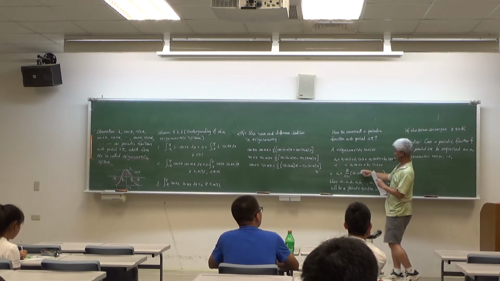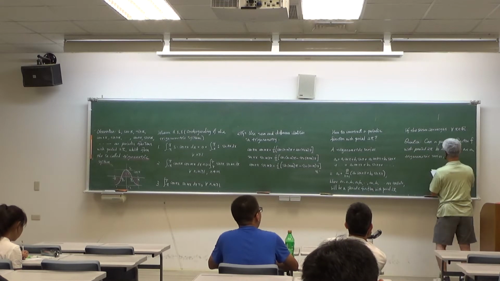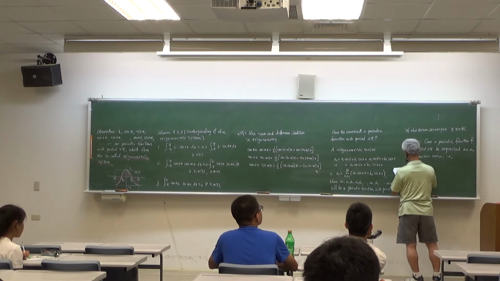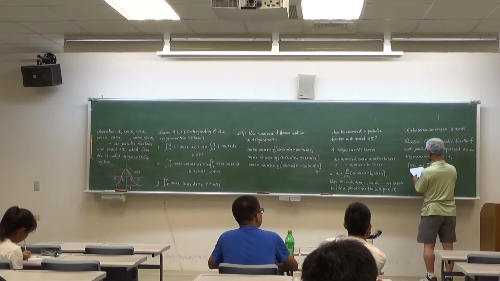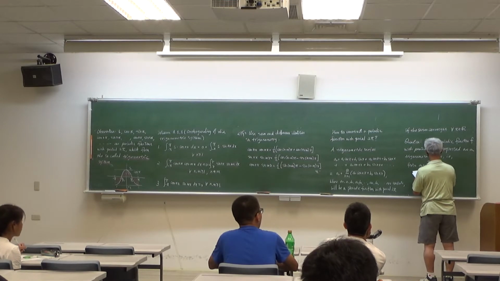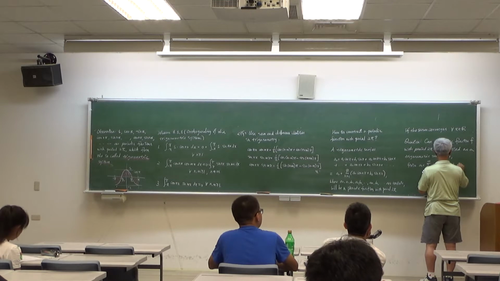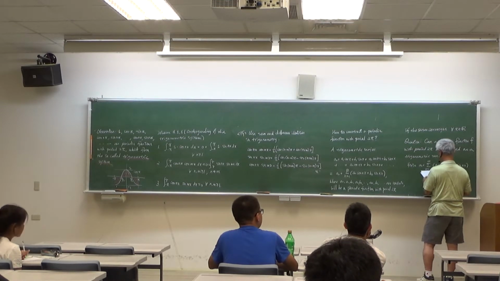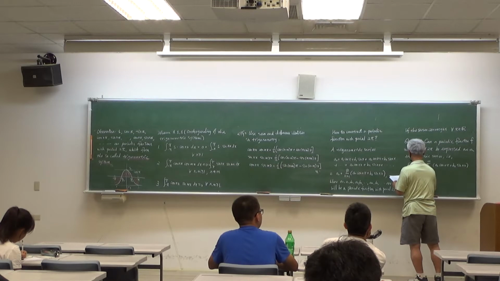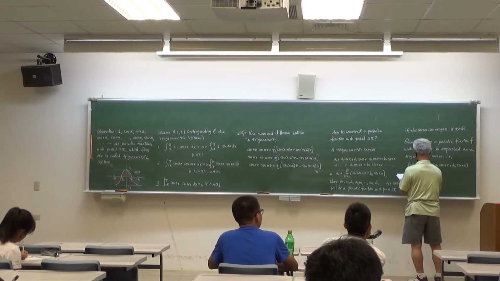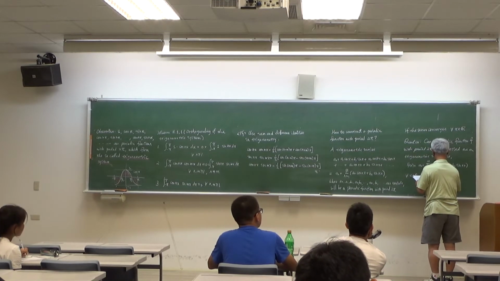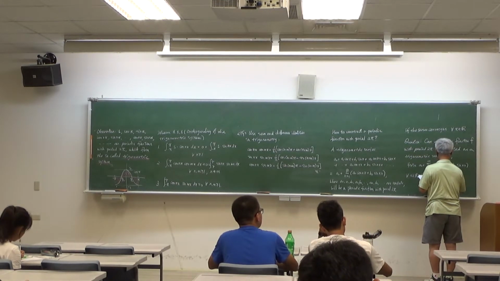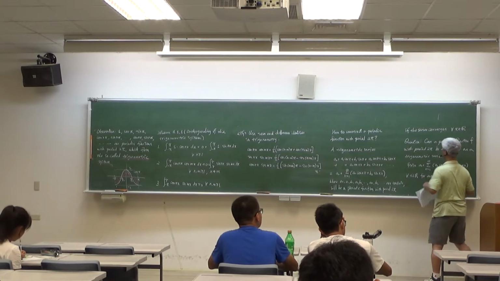Like that, i.e. f of x can be written as a0 plus this infinite series for all x in R, for some a0, a1, b1, and so on. So this is the question.